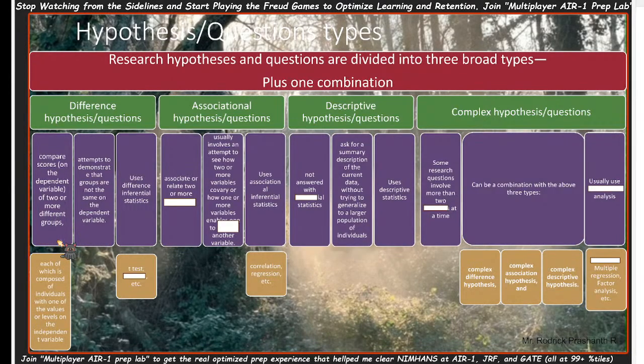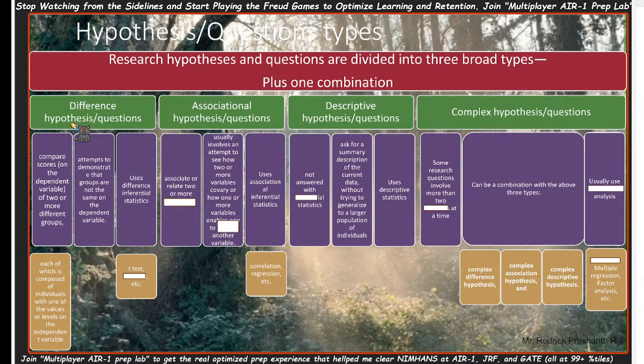So that is what is called a difference hypothesis. So it will be framed like the experimental group, which got CBT, has higher scores on coping compared to the control group who did not get CBT. Right. So this, of course, is not a very statistically framed hypothesis, but still, we'll talk about those statistical hypotheses and stuff in the next slide.